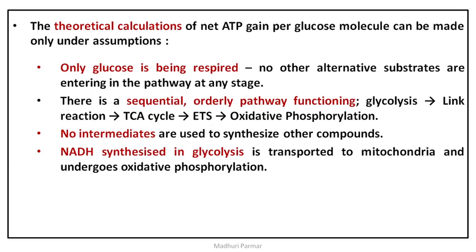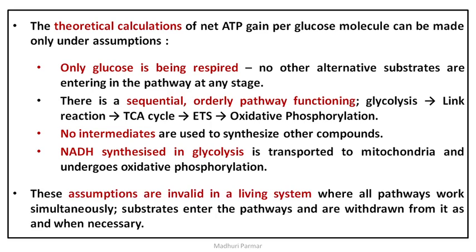So the NADH that you are getting in glycolysis, which is present in the cytosol, we are assuming that all of these NADH are getting transported into the mitochondria. Clear? And after entering the mitochondria, they undergo the electron transport system as well as oxidative phosphorylation.